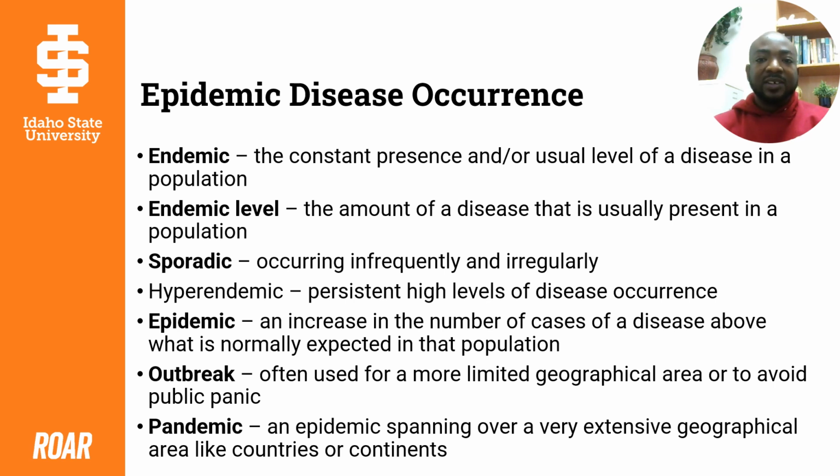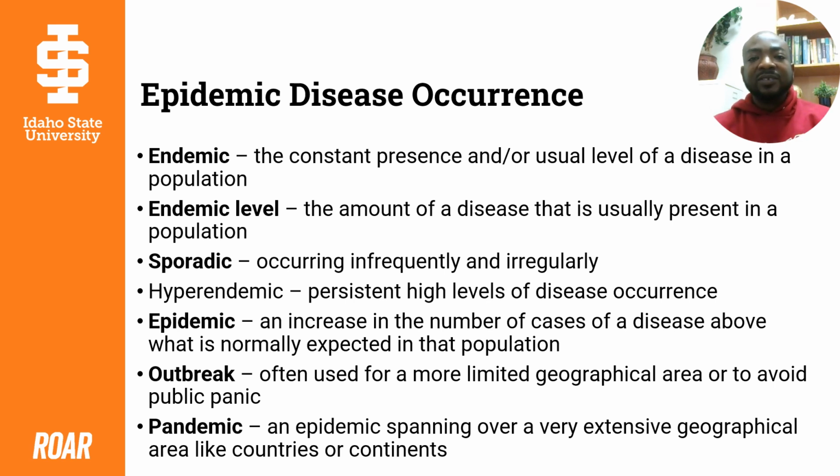Endemic refers to the constant presence and/or usual prevalence of a disease or infectious agent in a population within a geographic area. Hyperendemic refers to persistent high levels of disease occurrence. So when a disease is endemic and at very high levels, you say it is hyperendemic.